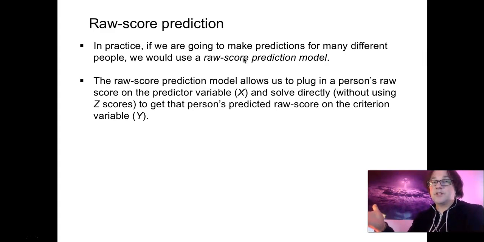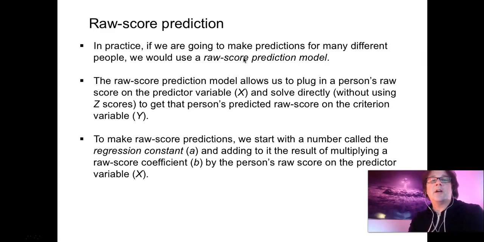The raw score prediction model allows us to plug in a person's raw score on the predictor, x, and solve directly without standardizing anything, to get that person's predicted raw score on y, the criterion variable.